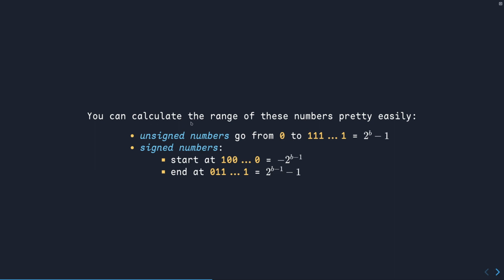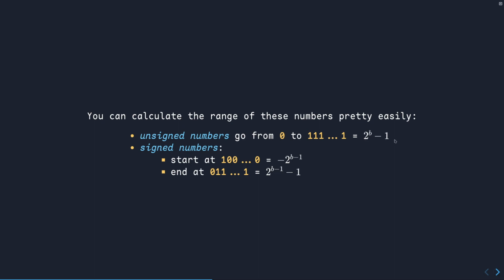And we can calculate the range of each of these numbers pretty easily. For unsigned numbers, we just get the number of all ones and calculate what that number equals, and that's the biggest number you can represent. So for an 8-bit number, we get 8 times 1, and then calculate the value, which is going to be 2 to the number of bits minus 1.